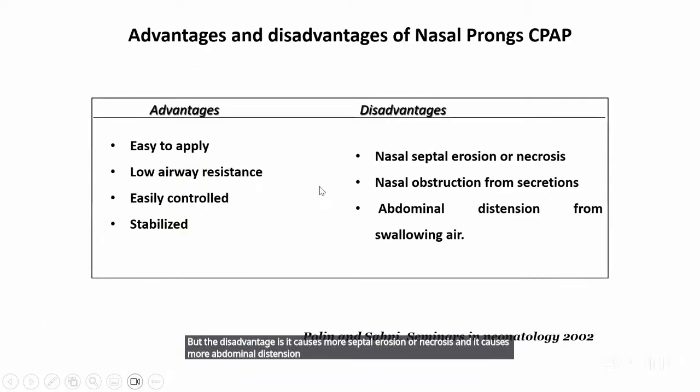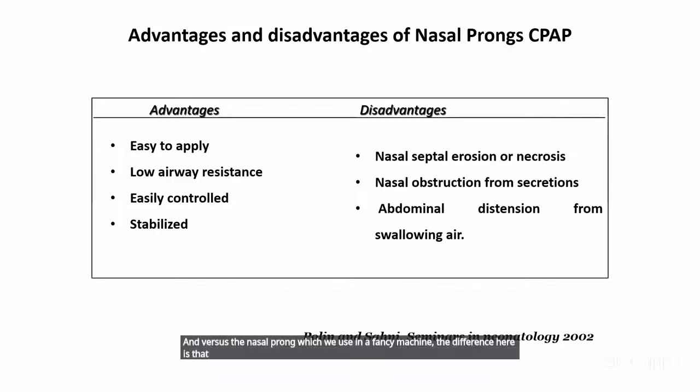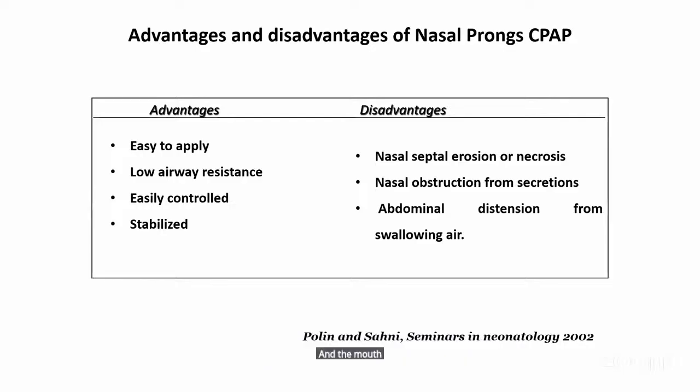One thing to remember is the difference between the nasal prongs used for CPAP and the nasal prongs used in the HFNC machine. While choosing the size of the nasal prong for CPAP, if you want to deliver CPAP, then the nasal prong should be snugly fitted. There should be no leak, and the mouth also should remain closed.